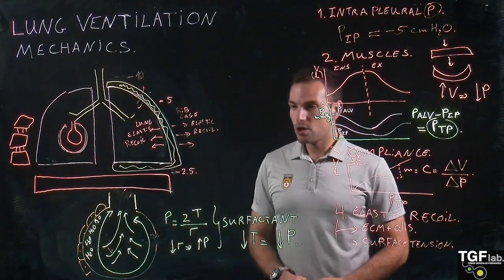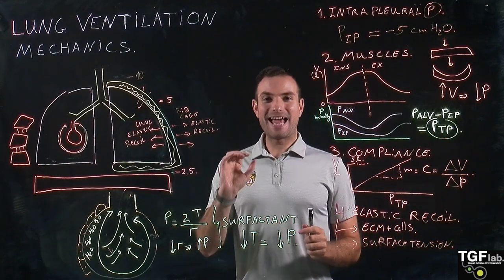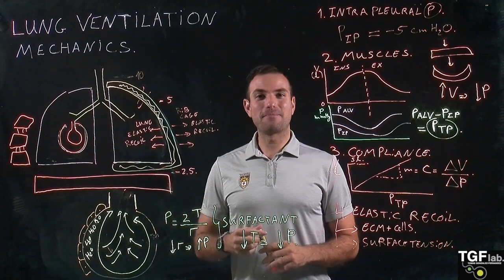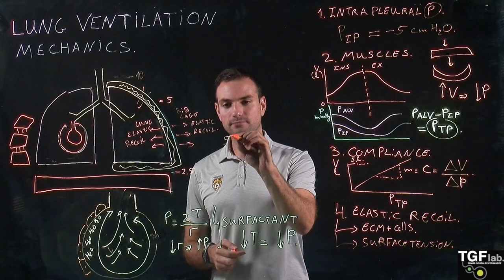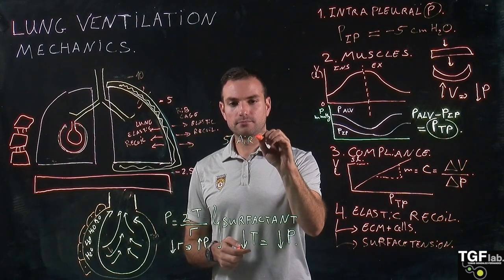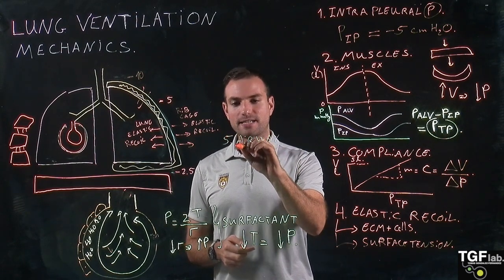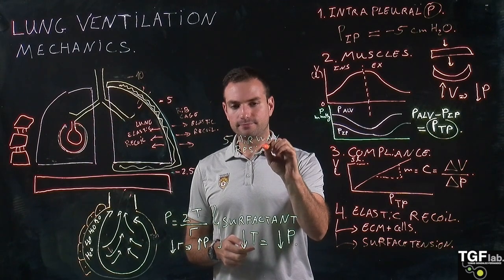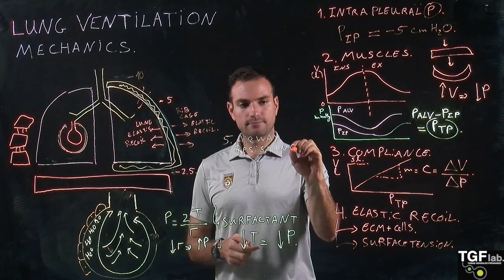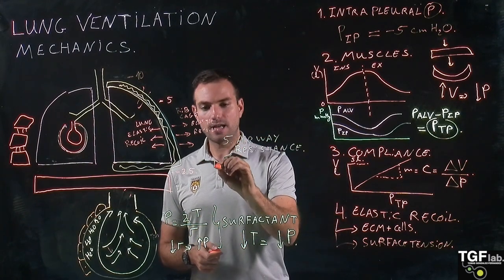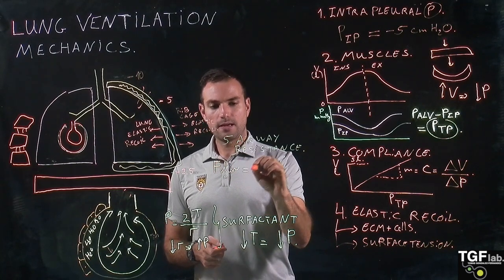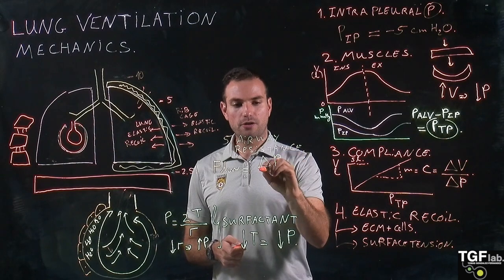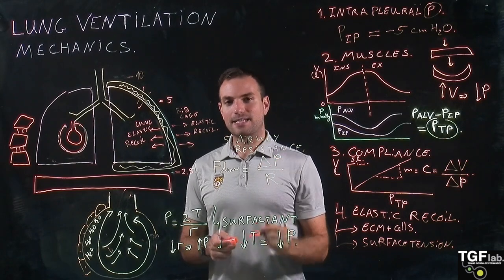Okay. So we go now to the last component of the lung ventilation mechanics, which are the airways. The airway resistance. And this is because the flow of air is equal to the change in pressure divided by the resistance.